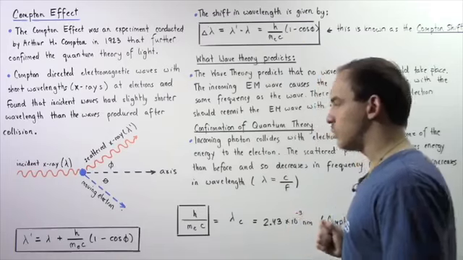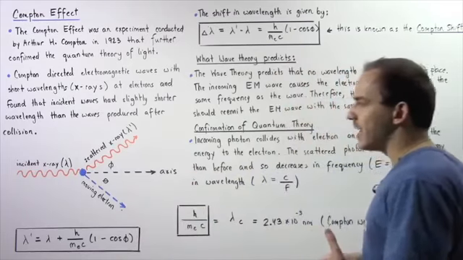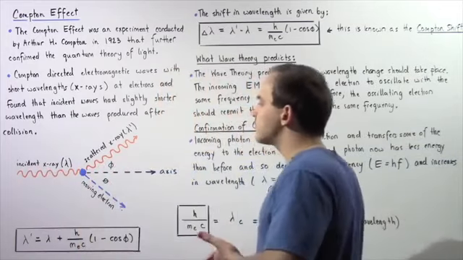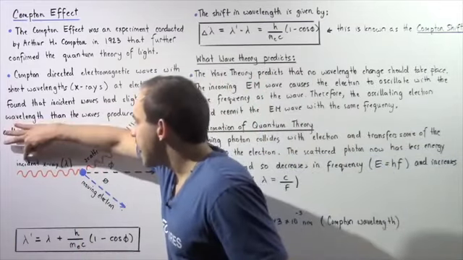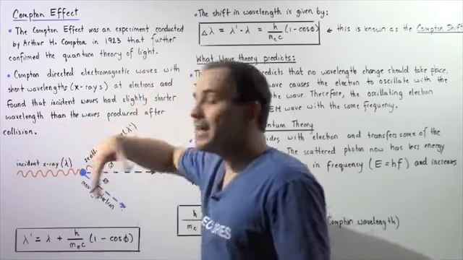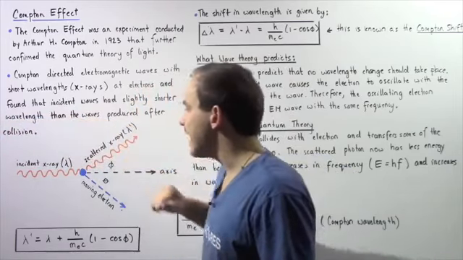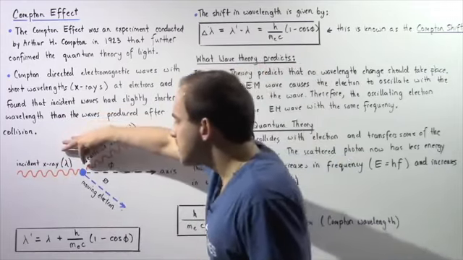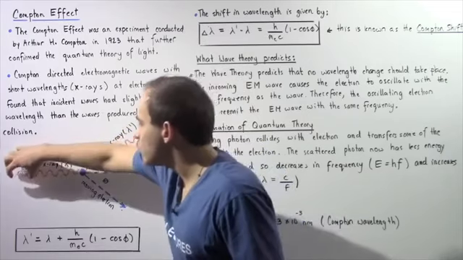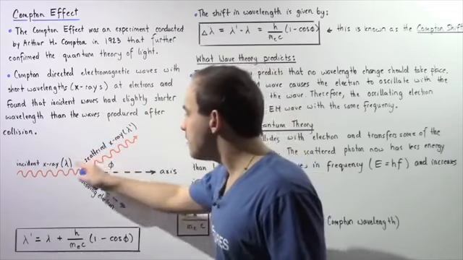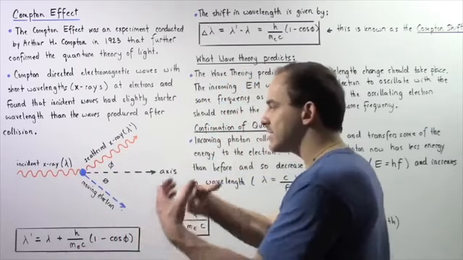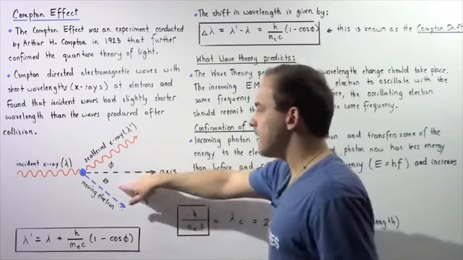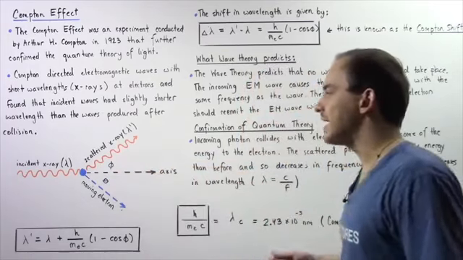To see exactly what we mean, let's look at the following diagram of the collision taking place between the wave and our electron. This is our incoming incident X-ray that has a wavelength given by lambda, shown by the following sinusoidal wave. This is our stationary electron, and when the collision takes place, some of that energy is absorbed by the electron, and the electron moves away at some angle theta with respect to the horizontal axis.